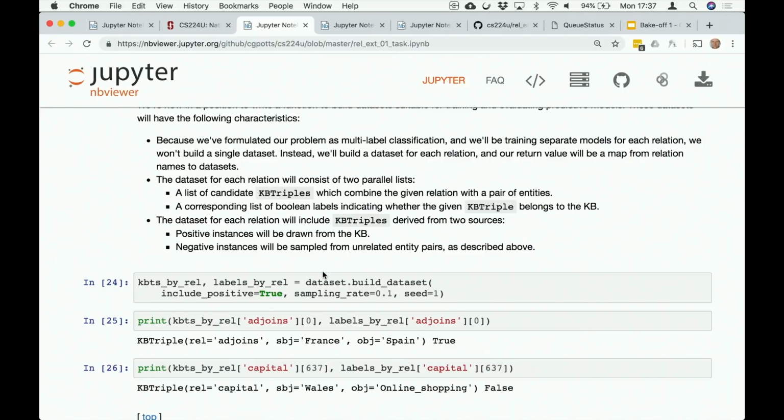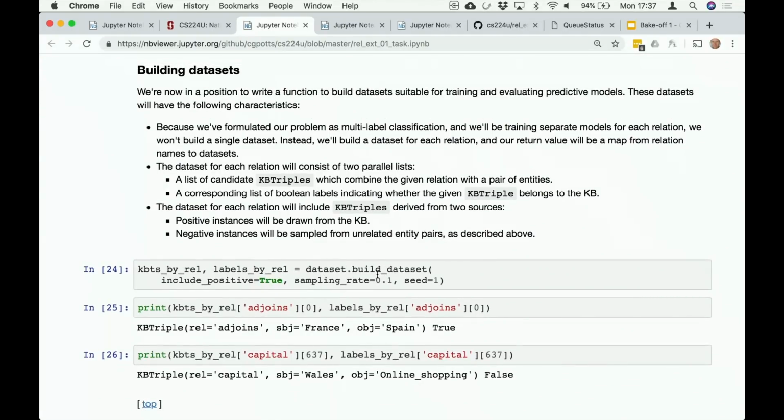And this method here, build dataset, is going to combine positive and negative data. It's going to derive the positive data from the KB, and it's going to derive the negative data in the way I described, by looking for pairs of entities that co-occur in the corpus but don't co-occur in the knowledge base.